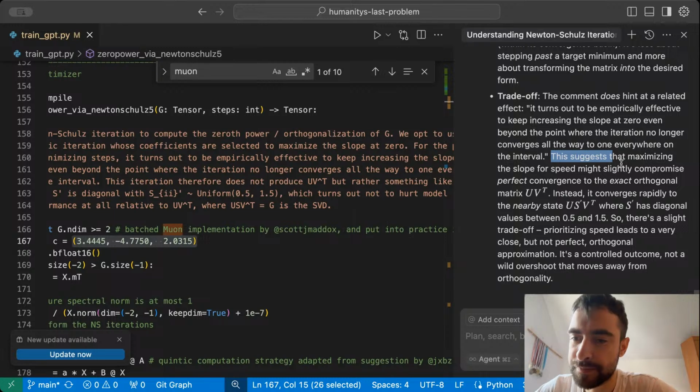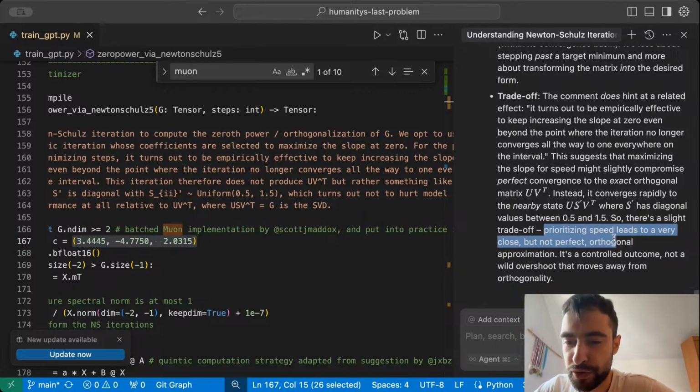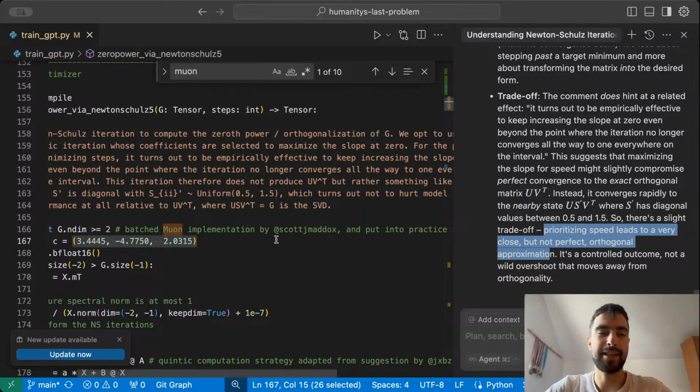This suggests that maximizing the slope for speed might slightly compromise perfect convergence to the expected orthogonal matrix. Instead, it converges rapidly to the nearby state. Yes, that's what I said. Where S prime has diagonal values between, I don't know what this means. Yeah, prioritizing speed leads to a very close but not perfect orthogonal approximation. Yeah, that's it.